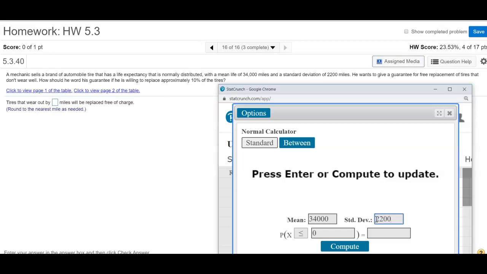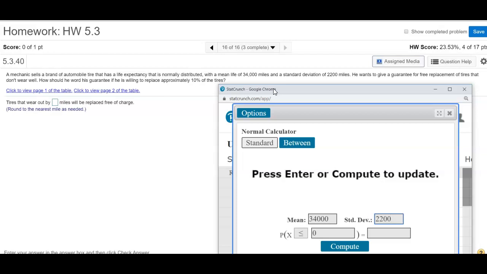Okay. He wants to give a guarantee for free replacement of the tires that don't wear well. How should he word his guarantee if he's willing to replace approximately 10% of the tires? Okay, so now if you're a car mechanic, you don't want to go to the top 10% by default. That means the tires will run forever.